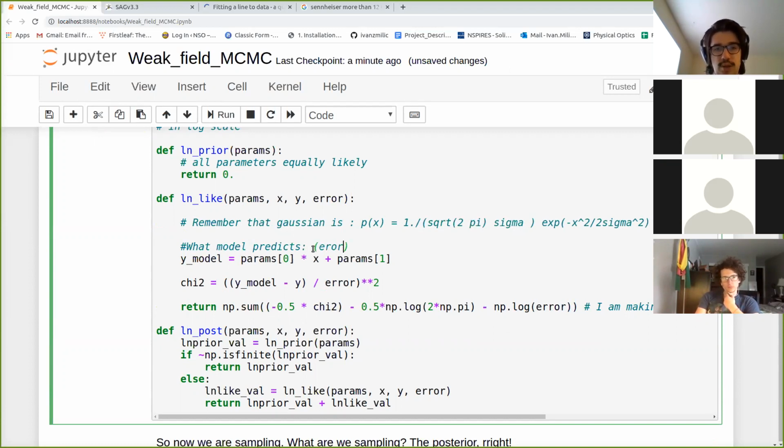To make a comment here, error is sigma, and I'm doing this on purpose. Obviously, at least for now, we think we know the error in advance, right? When you do the observations, you measure your error somehow, and we're going to do it later. So in principle, all this part here is constant. For the moment, I'm just including this.